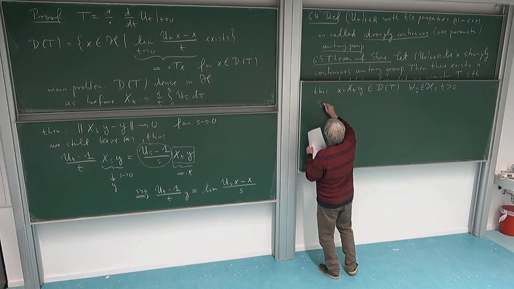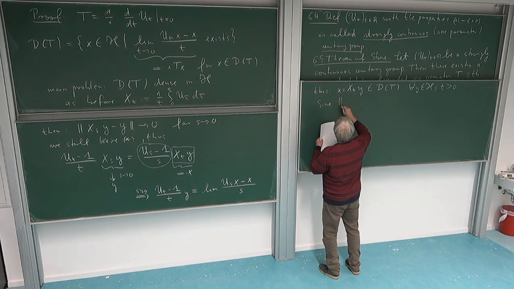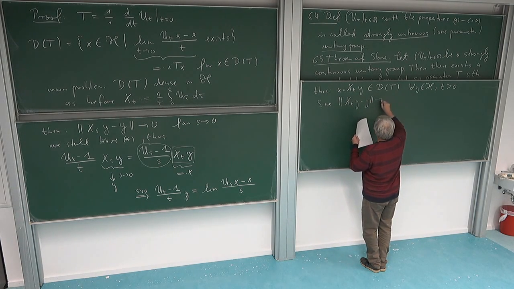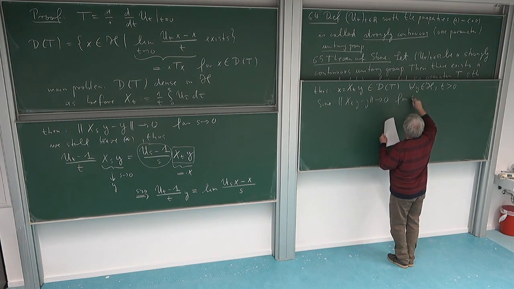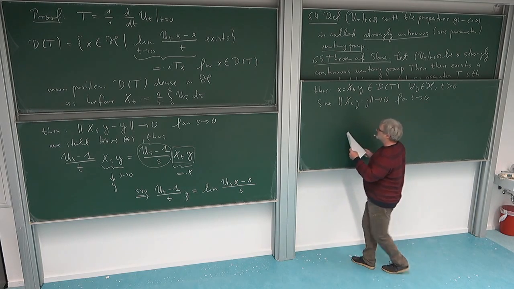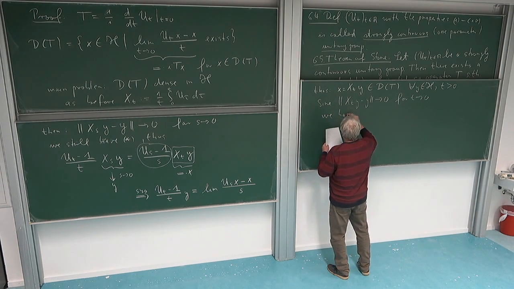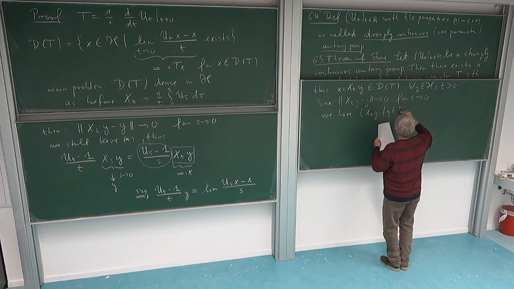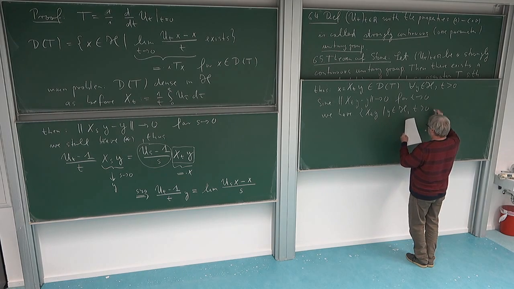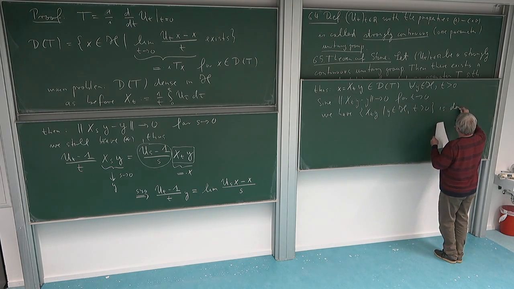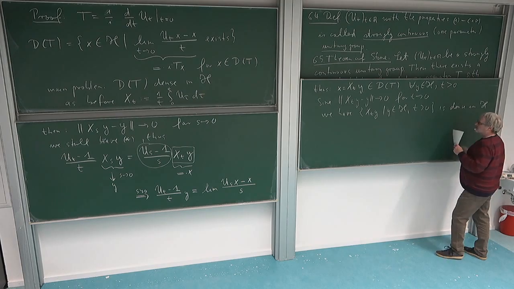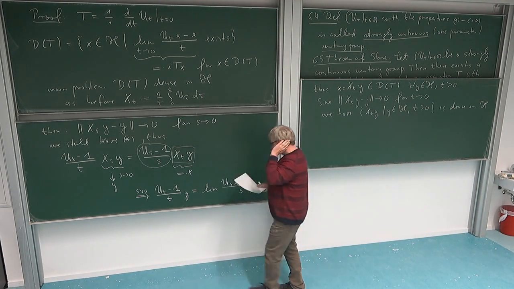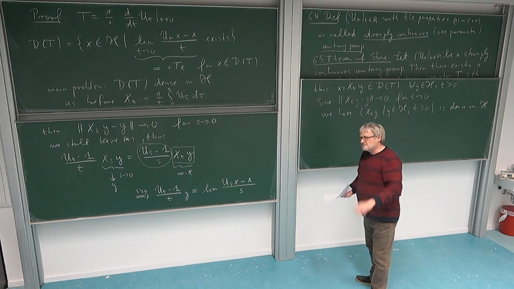So since we can approximate y by xt of y, if t goes to 0, this tells us that the collection of all xty for y in h and t bigger than 0, this is really dense in h. And this here is a subset of the domain. Those guys are in the domain, so this means the domain is really dense.